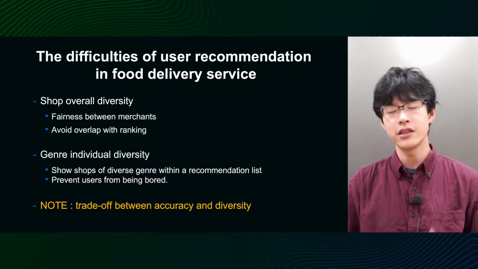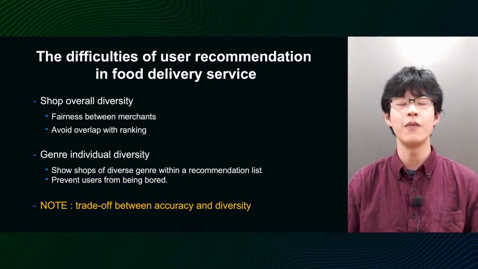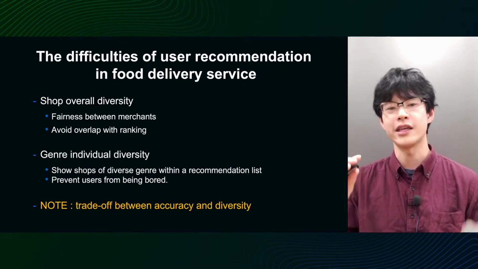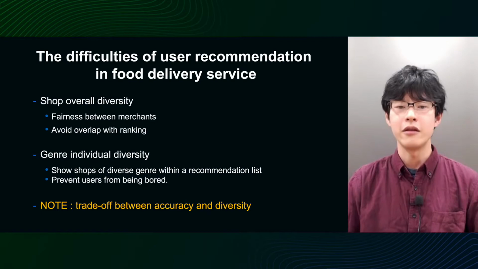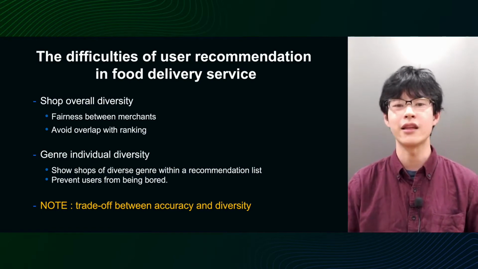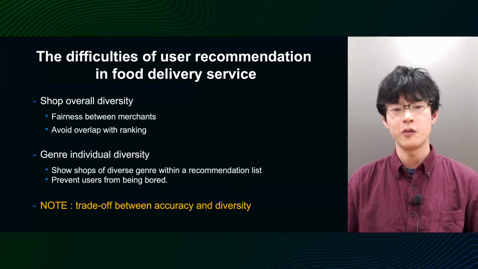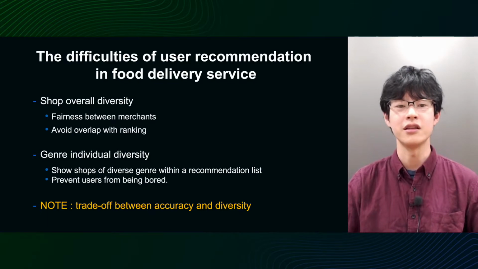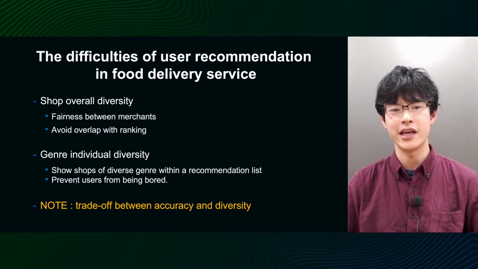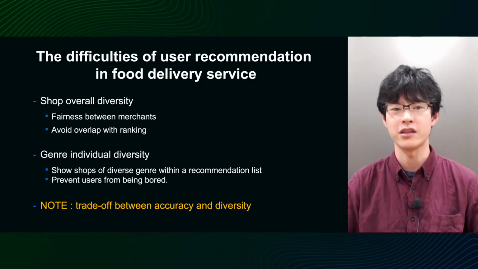One thing you have to be careful about diversity is that there is a trade-off. The trade-off between diversity and accuracy of predicting what the user actually orders. I will come back to this dilemma, but now let me discuss how we addressed these diversity challenges.